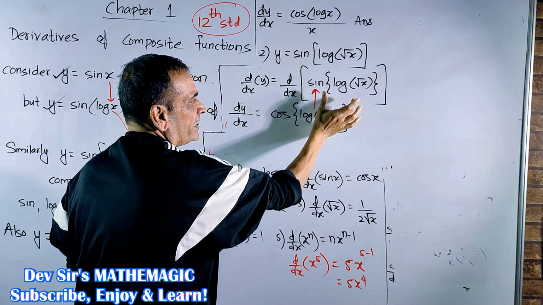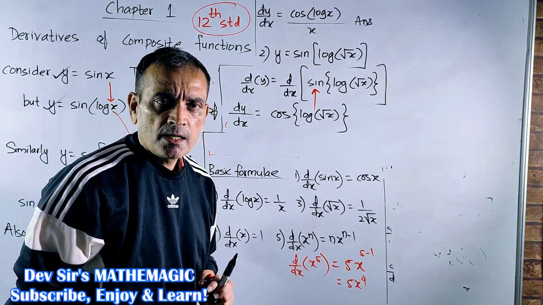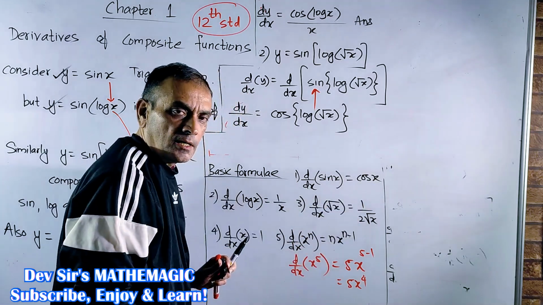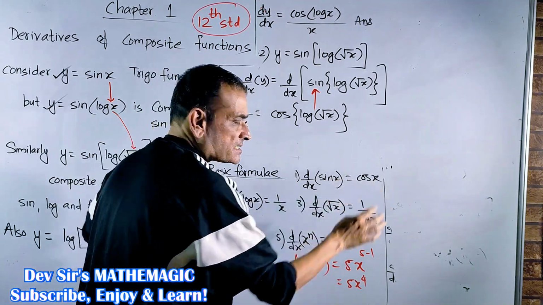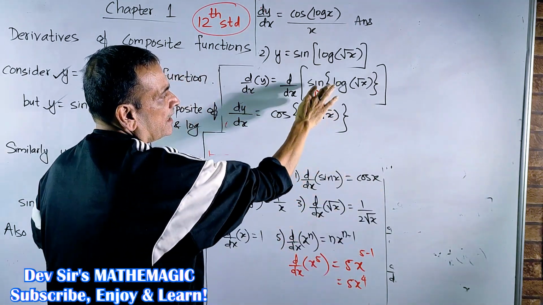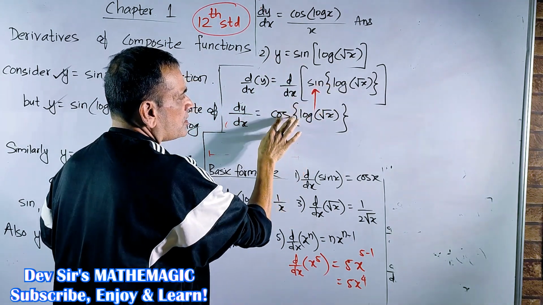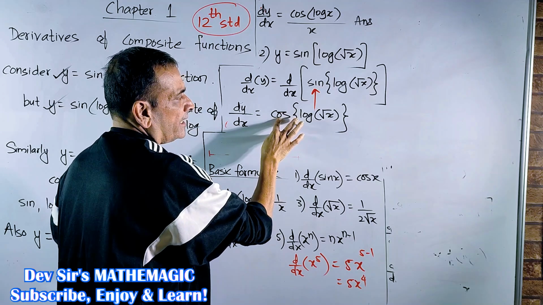Log of root x, y sine, as you have seen over here. Derivative of sine is cos. X will remain x. In the same way, d by dx of sine is cos. Okay?